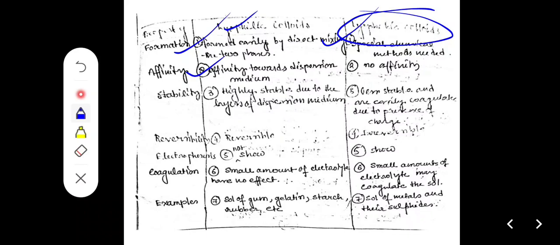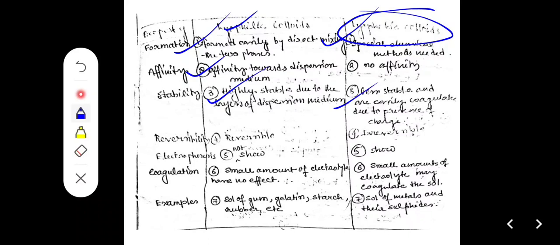Stability: lyophilic colloid is highly stable due to many layers of dispersion medium, and lyophobic colloid is less stable and easily coagulates due to the presence of charge.